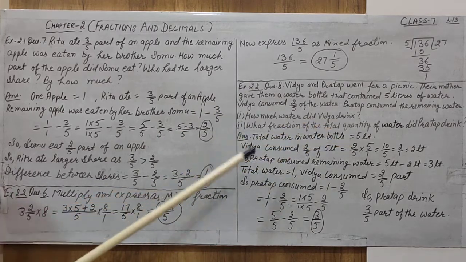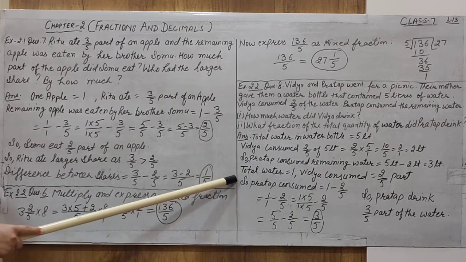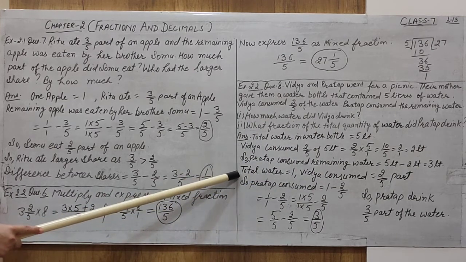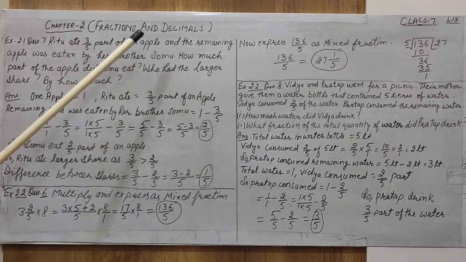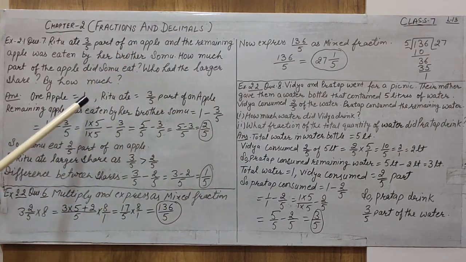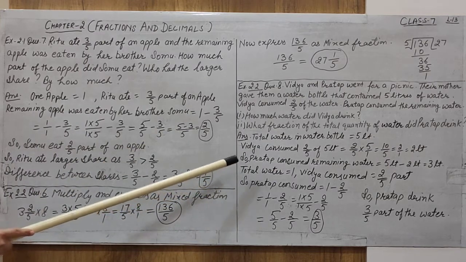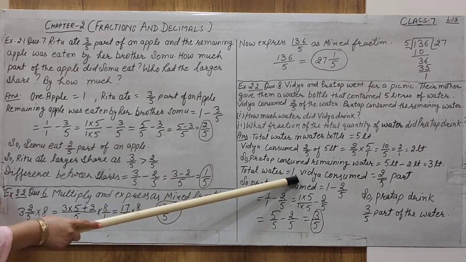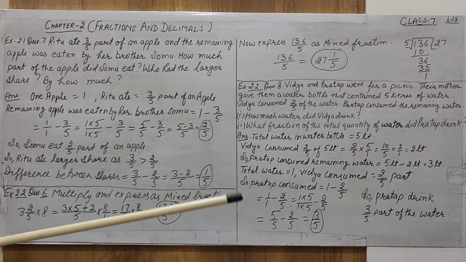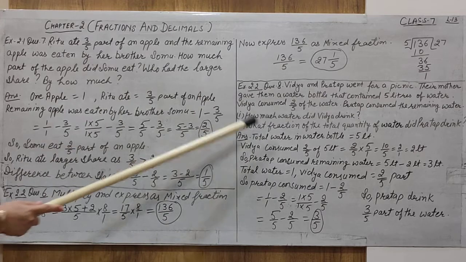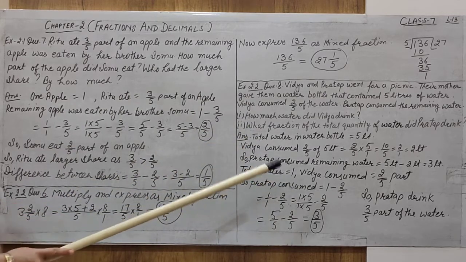Quantity is 5 liters, but when we consider the part, every total quantity given, like a complete apple, is equal to 1. In the similar way, the total water in the water bottle is considered as 1. Whatever is given, like water or apple, we must consider that complete part as 1.